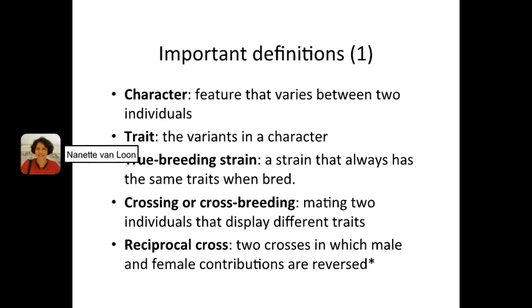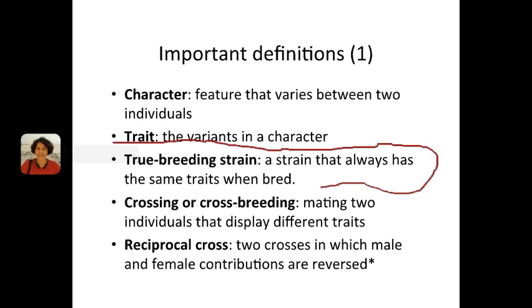And then a true breeding strain is a strain in which you always get the same traits, the same results when you breed among them. So if you have, say, a strain of purple flowered pea plants, if you cross them among themselves, the flowers of the offspring, generation after generation, are going to be 100% purple.